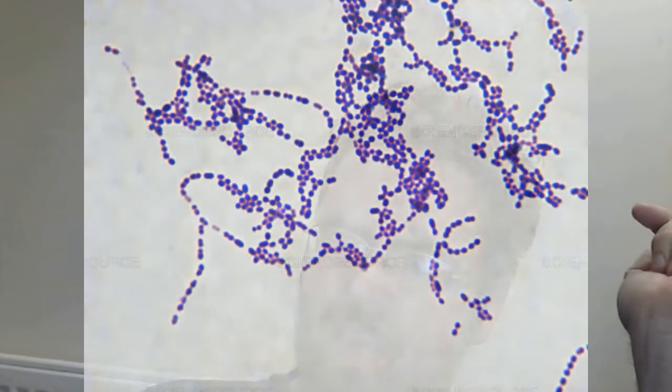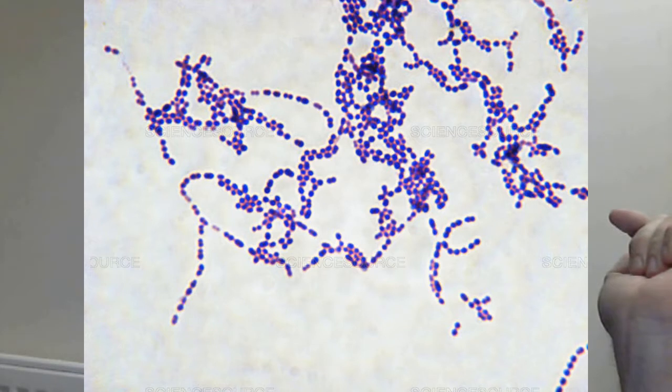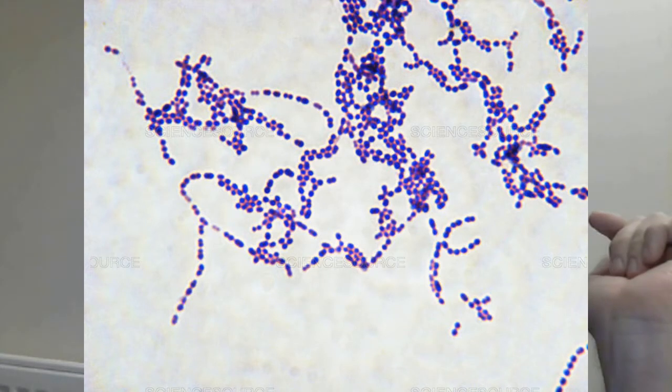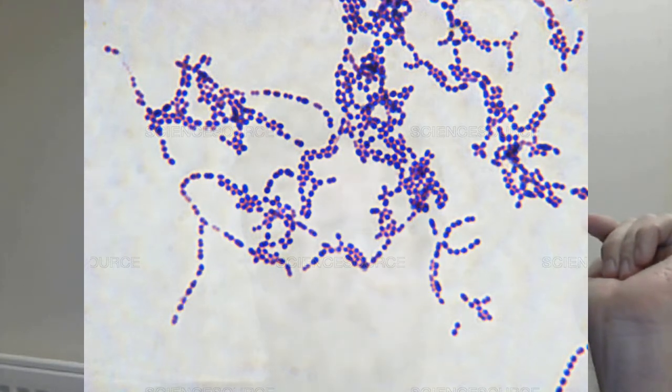See, you can identify just by doing all that and looking down a microscope. Or another possibility might be, if you are working in a hospital, you're seeing gram-positive cocci in chains, streptococcus. Probably the person this came from has got a sore throat.